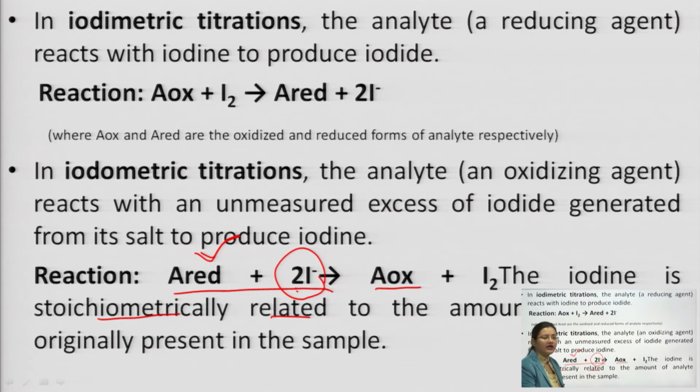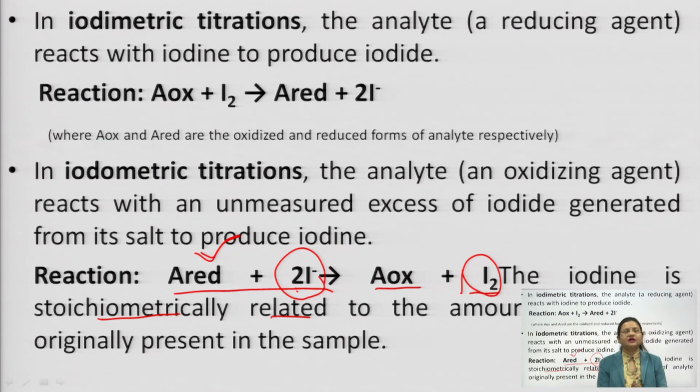You can use any salt of iodine which is capable of undergoing redox reactions, such as iodide ion or iodate ion. These ions, reacting with the analyte, get converted into I2, iodine, which is liberated stoichiometrically in an amount equivalent to the analyte originally present in the sample.